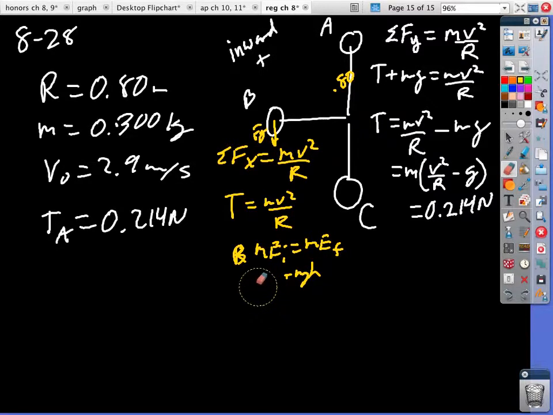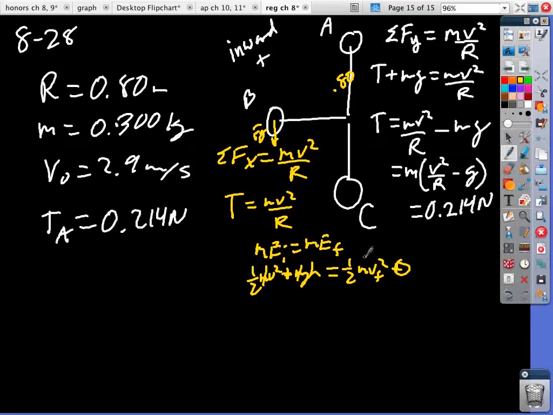Let me just say 1/2 mv squared plus mgh is equal to 1/2 mv final squared. And then in this case, we're going to set that as 0, so there's no more potential. So that's 0. It's just that all becomes kinetic at that point because we're just talking about this part.